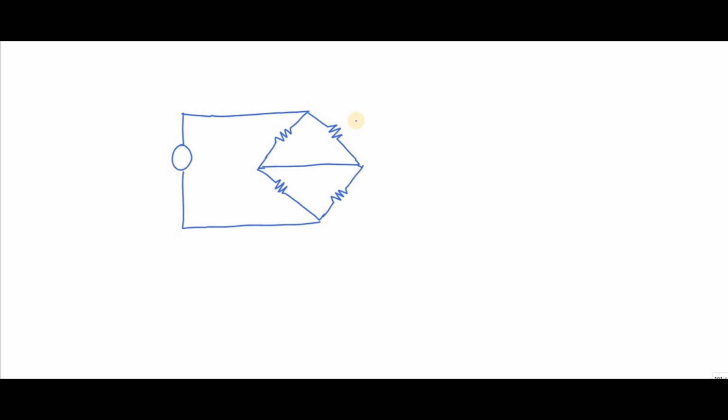So instead of Norton's theorem, if we use mesh analysis itself, we can determine the value of current. So these are the values of the resistor and the voltage source.